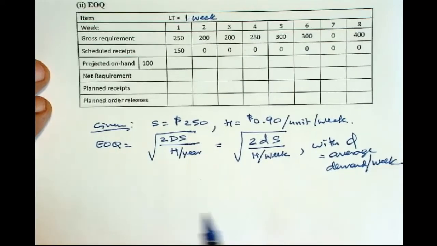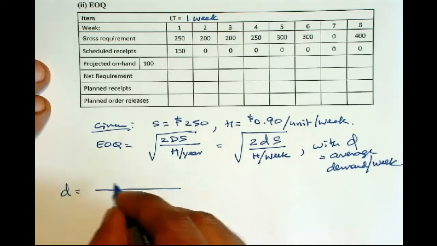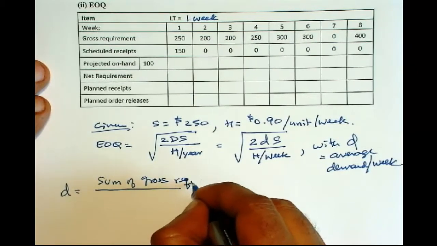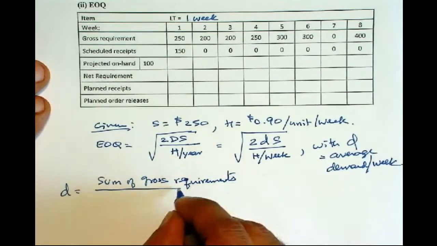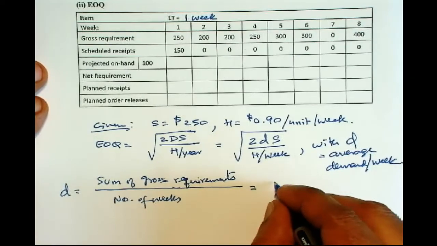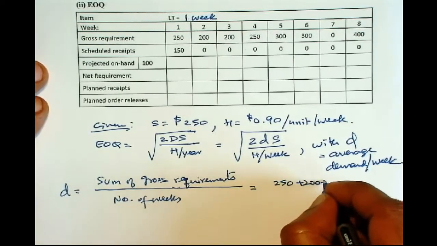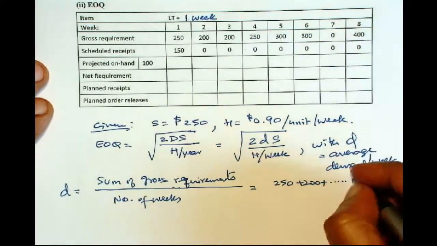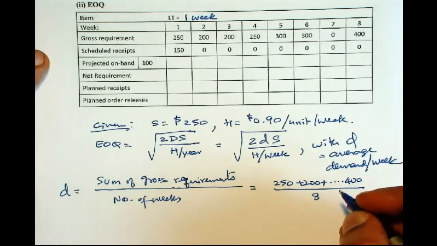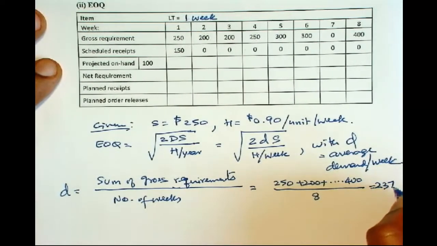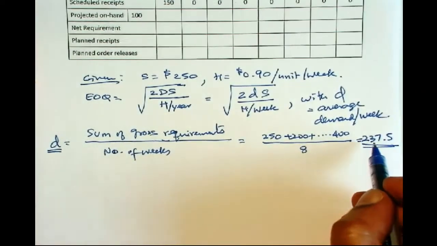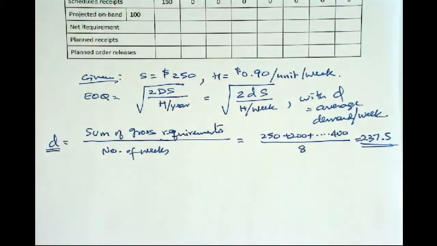So that is 250 plus 200, sum all the way till 400, divided by 8 weeks. That gives us 237.5. So that's D.